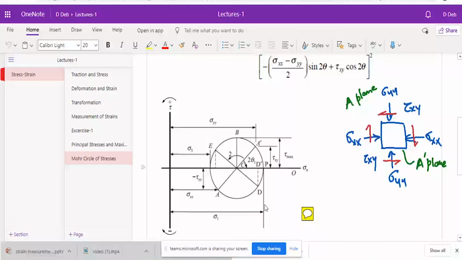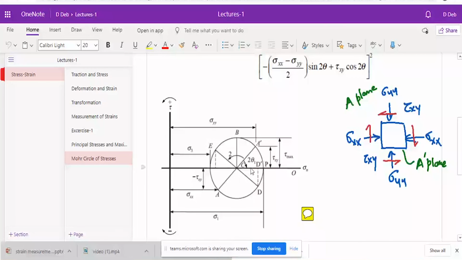Now this is the angle 2 theta for principal stress, because this A dash plane is my x-axis direction. So from the x-axis direction, you come in the clockwise direction, and you measure the angle with a protractor. Whatever angle you get, divide by 2.